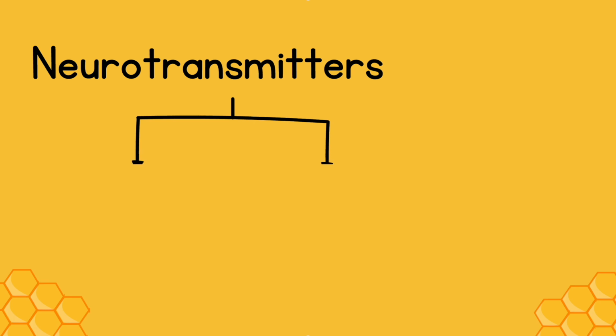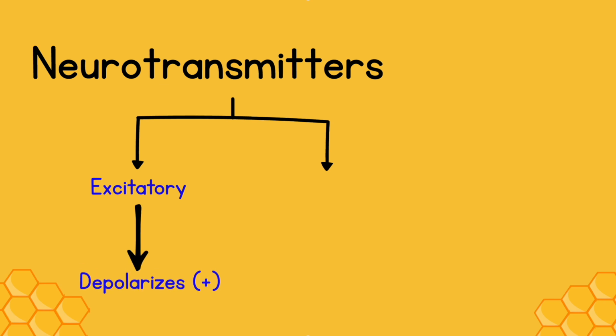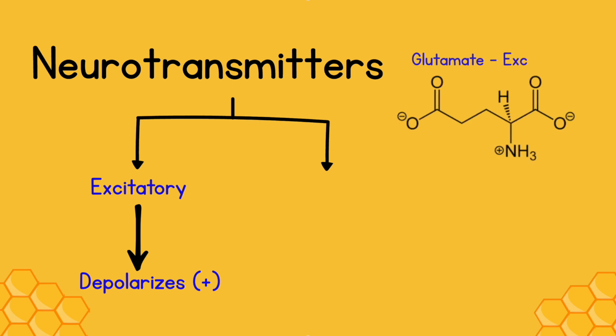So there are two main categories of neurotransmitters. We have excitatory neurotransmitters, which are depolarizing the postsynaptic, or receiving neuron. So glutamate is excitatory. It's the main excitatory neurotransmitter.